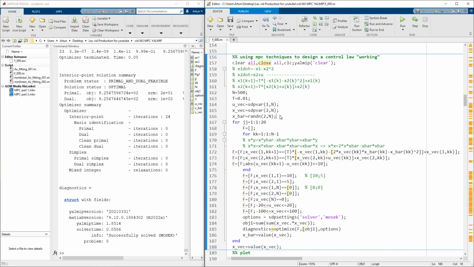I have also written these Taylor approximation related expressions to remind ourselves about the linearization process.